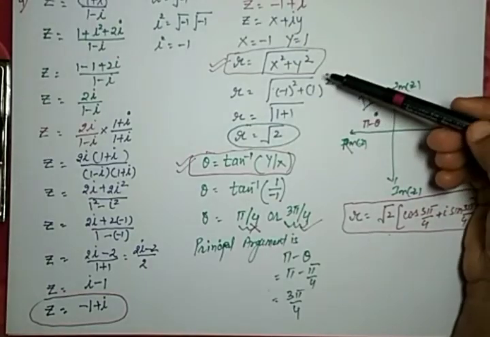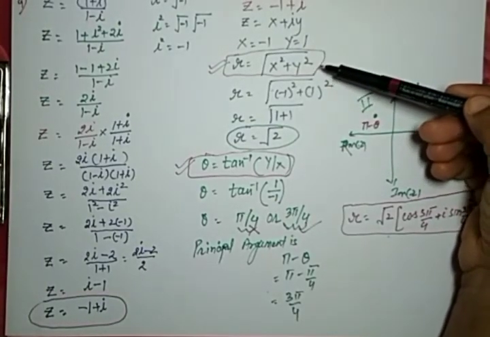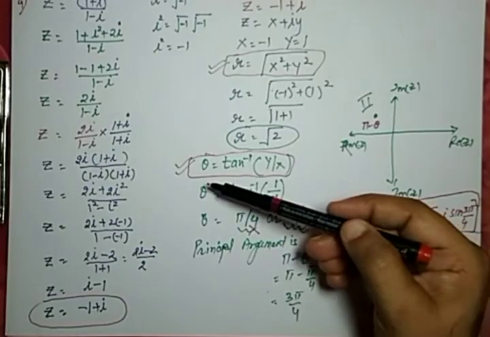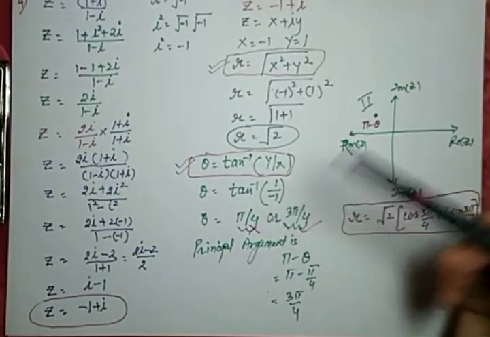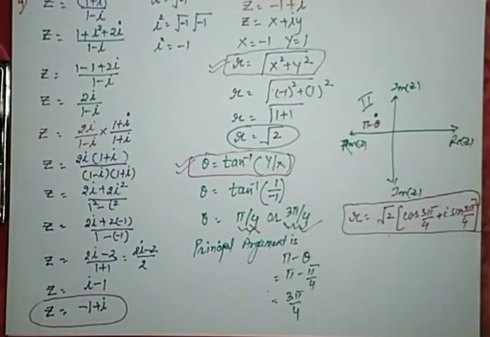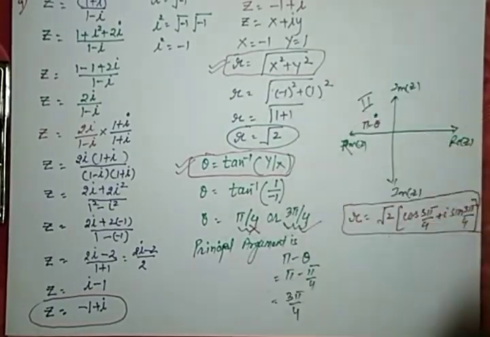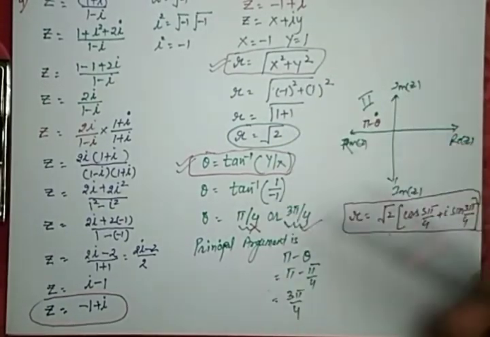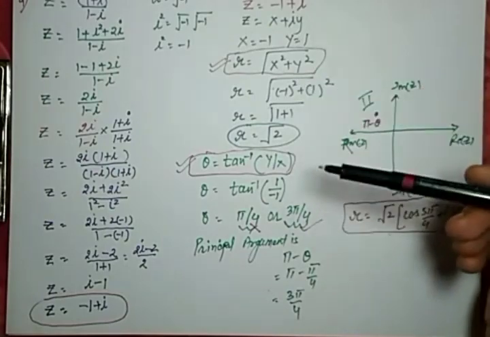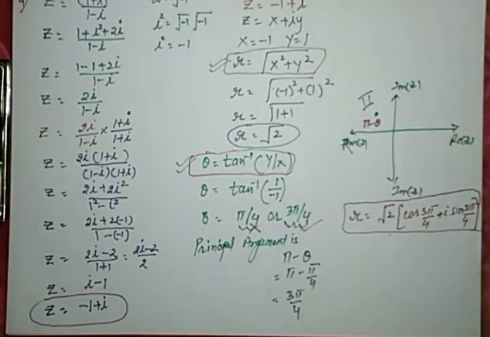Every time this formula, r equals root of x square plus y square, theta equals tan inverse y by x, maybe half a mark has been assigned. If the question is of 2 marks, maybe 1 mark or maybe 1.5, depending upon whether the question is of 1 mark, 2 marks or 4 marks.